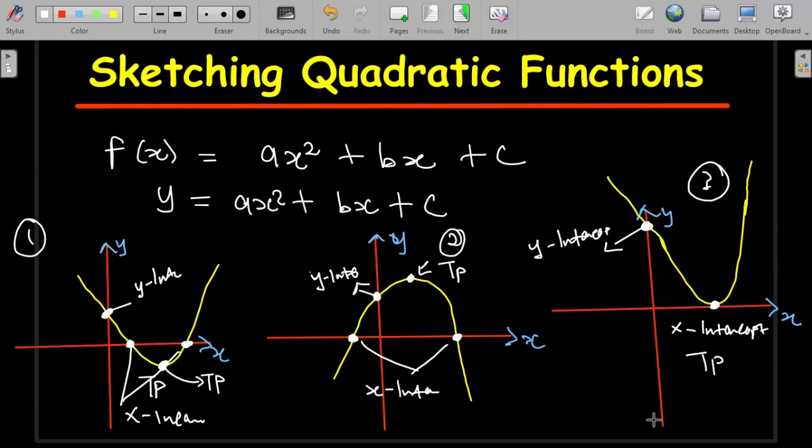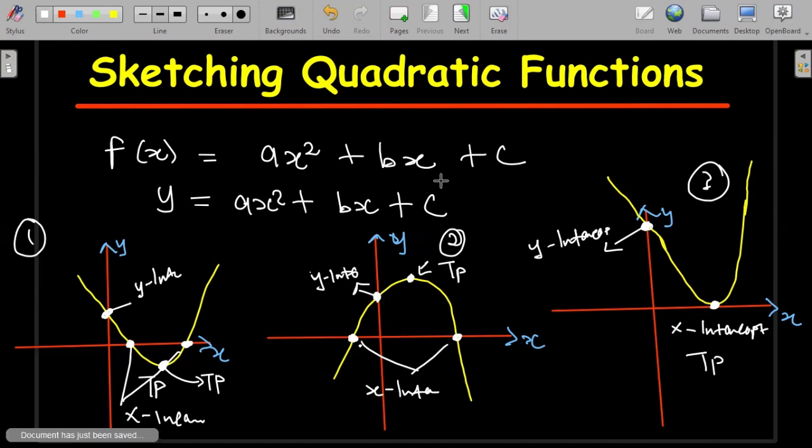So why am I drawing these graphs here? These simple illustrations of the graphs are here to show you that for you to sketch a quadratic function, you only need how many things? 3. Okay, you need 1, the x-intercepts. These ones here, where the curve will be touching the x-axis. 2, you need the y-intercept, where the curve will be touching the y-axis.